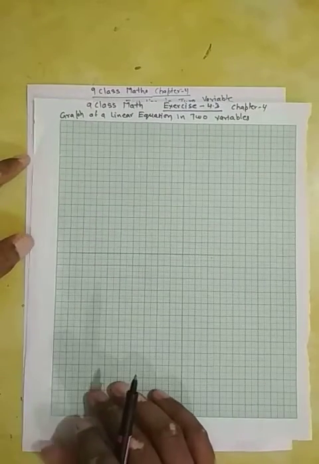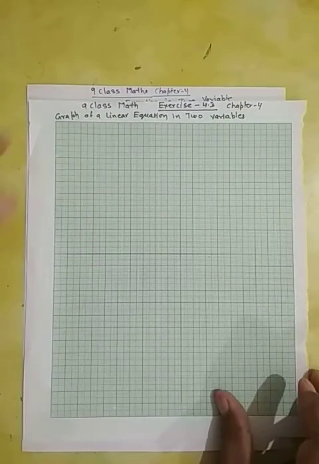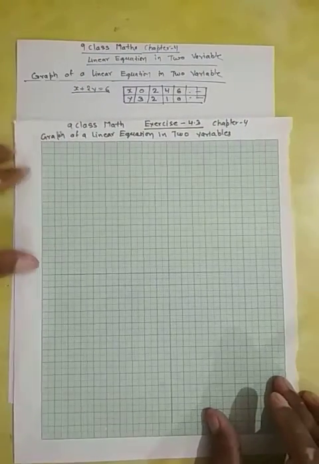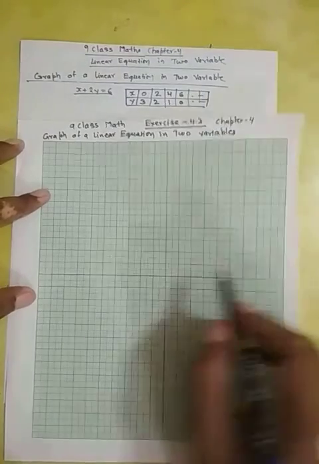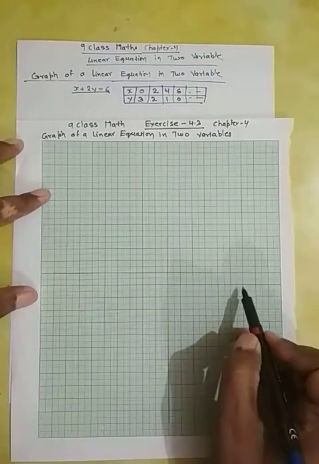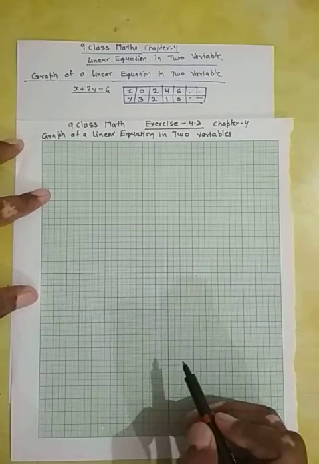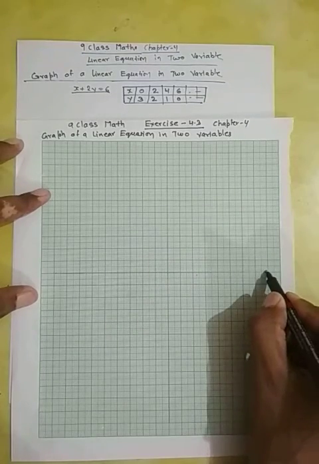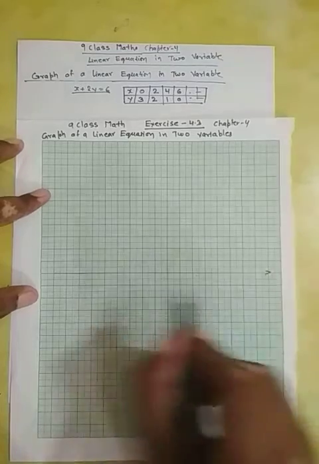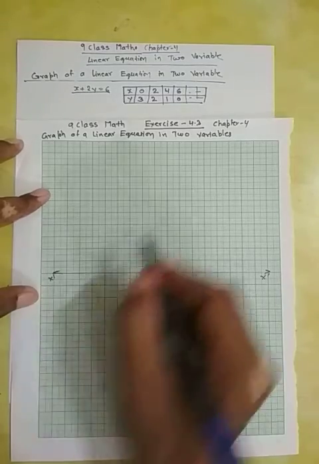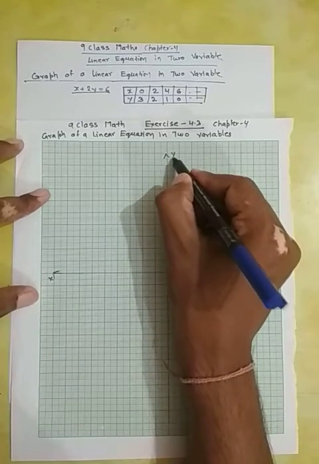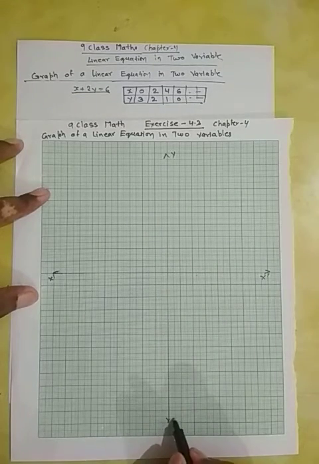Now we put the solution in the graph. How? We take a graph and we draw axis. One horizontal axis and other is a vertical axis. Horizontal axis we tell x-axis and vertical axis we tell y-axis.